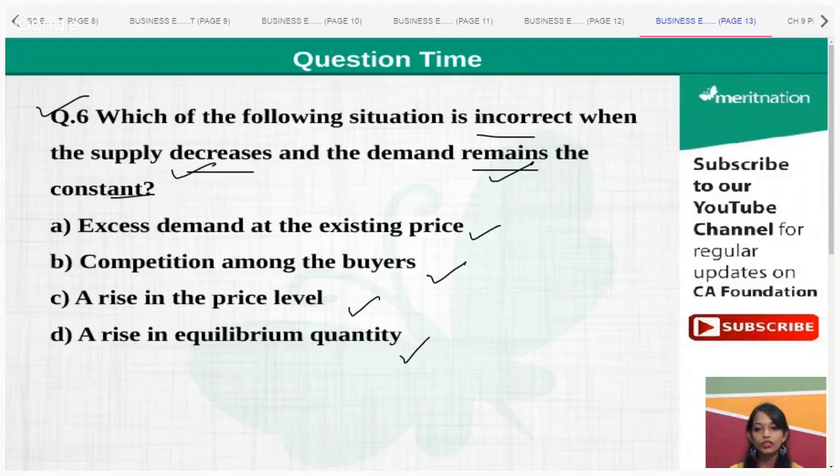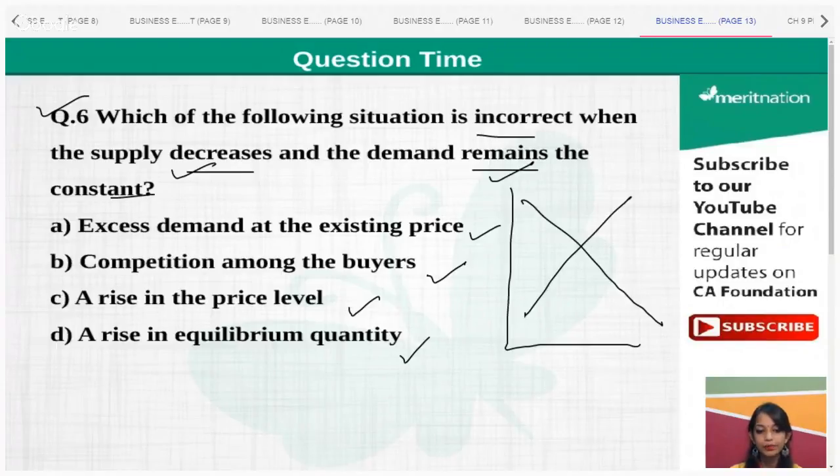Guys, look at all the 4 options. I am saying if your supply decreases, this is your supply, this is demand. Supply is reducing. Now understand, this was the E, this is the new E1, the new equilibrium. At the existing price, there is excess demand, guys.